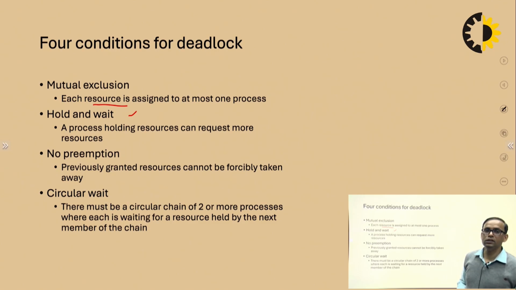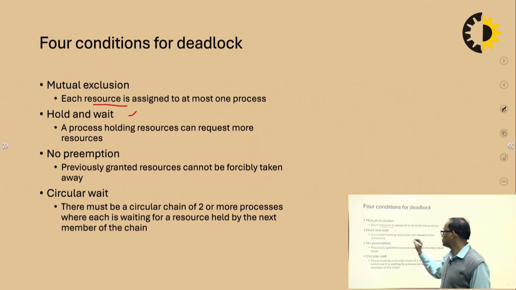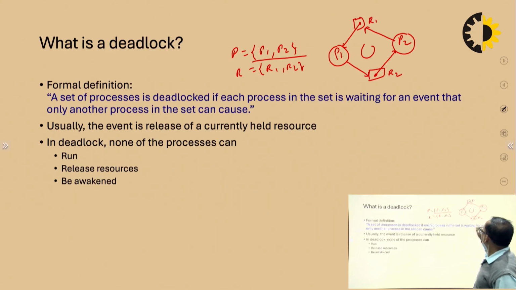The hold and wait condition simply states that a process holding resources can request more than one resource. Like here in this example, process P1 is holding R1 and waiting for R2. In the same way, process P2 is holding R2 and waiting for R1.